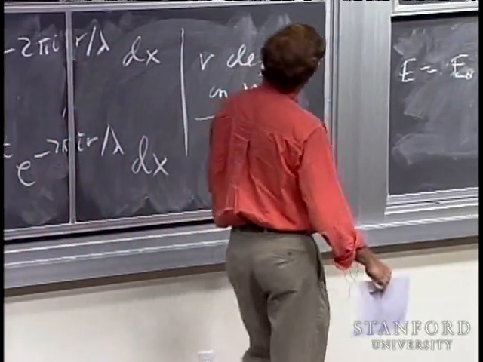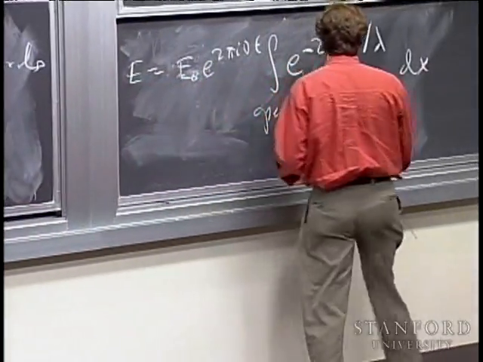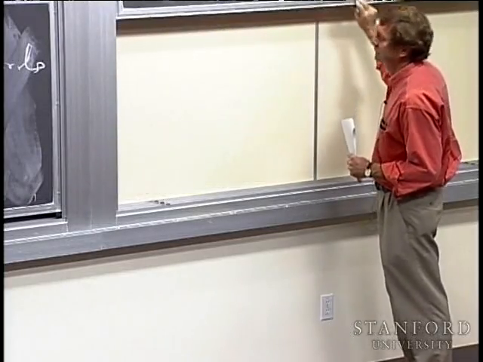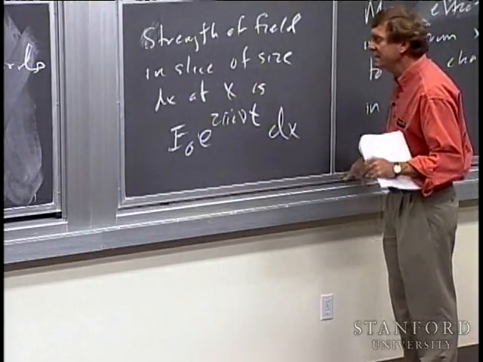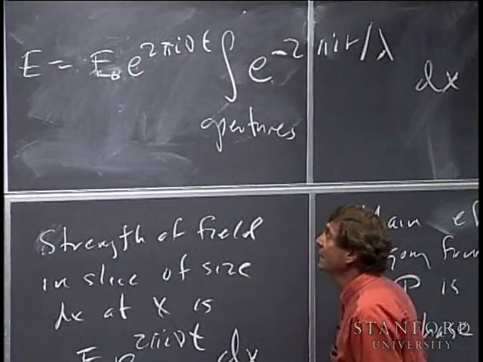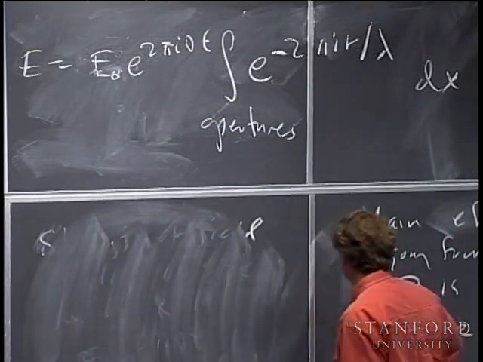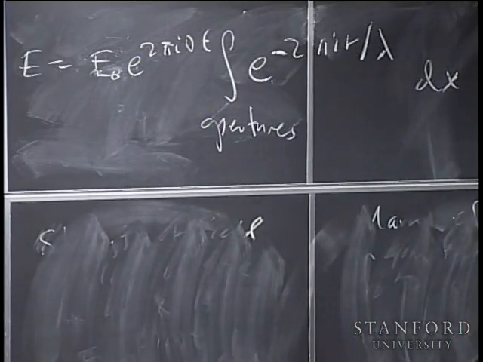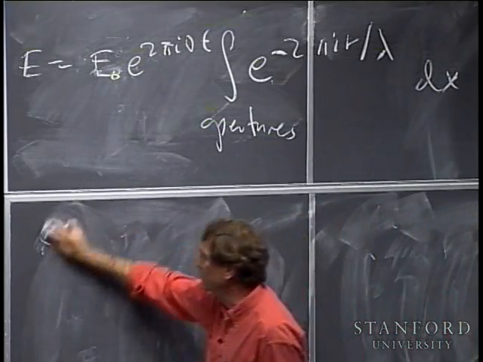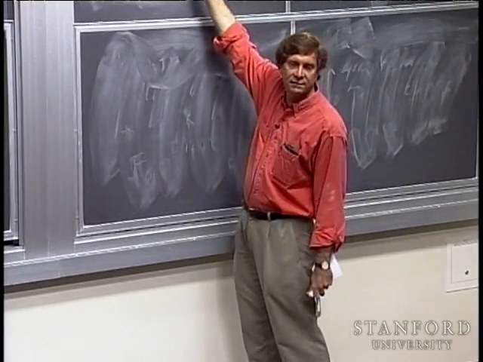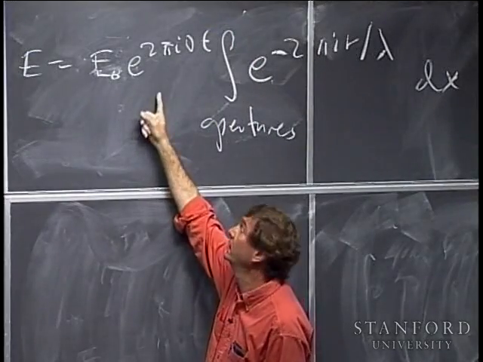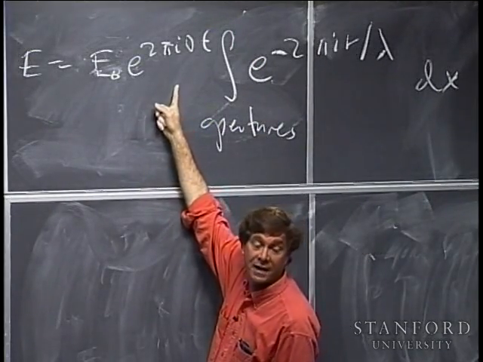Now, I should also say that what you see with your eyes or what you measure with instruments is the magnitude of E. So the time varying part goes away, because under the assumptions we had, monochromatic and so on, it is just a complex exponential which has magnitude 1.